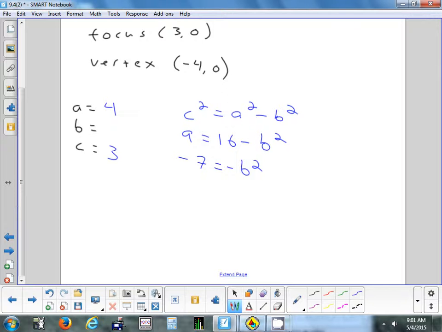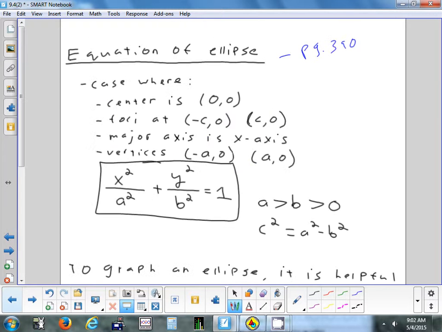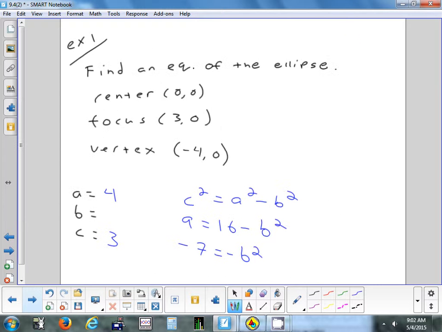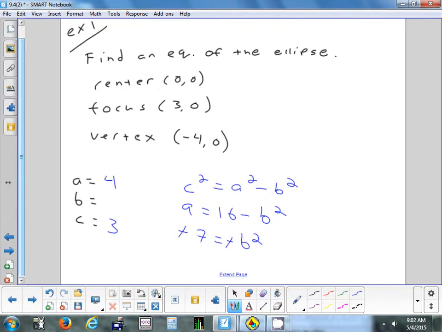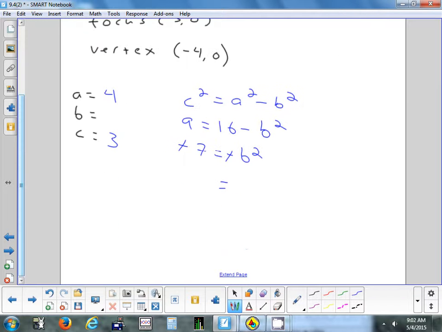And this is why A always has to be bigger than B. If it wasn't, you'd run into a problem in this formula, trying to take the square root of a negative. As long as A is always bigger than B, then the negative should cancel out. We should be fine. All right, so B equals the square root of 7.